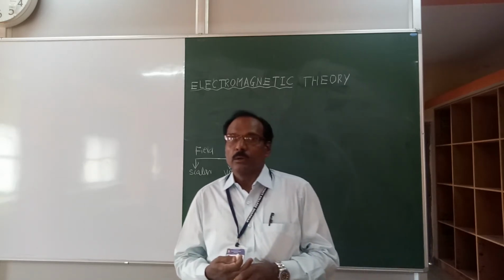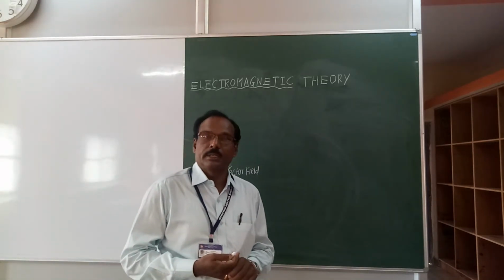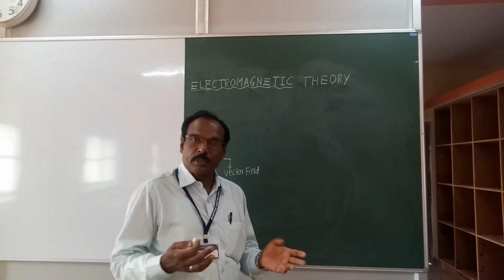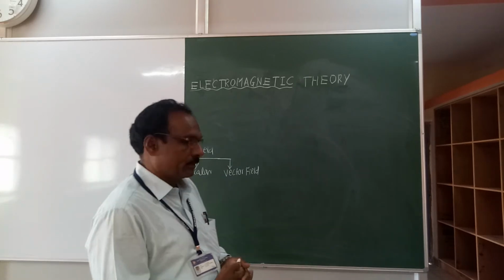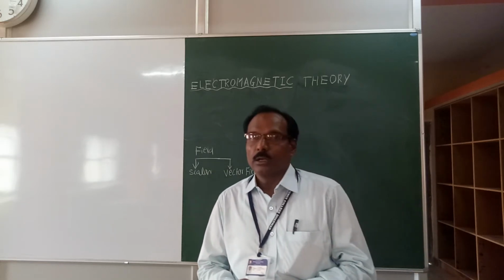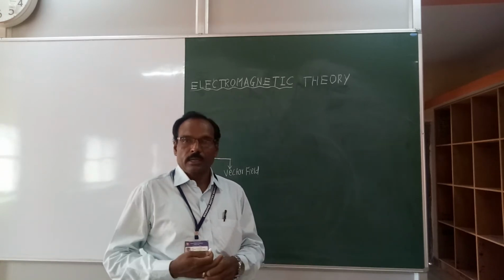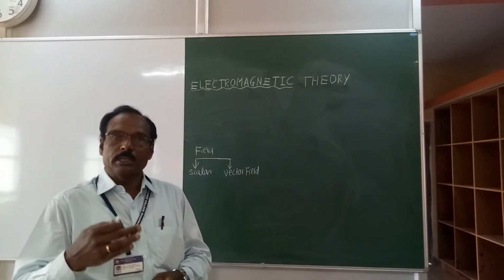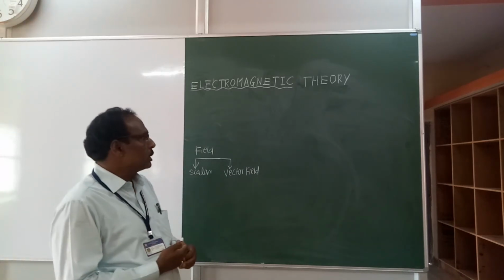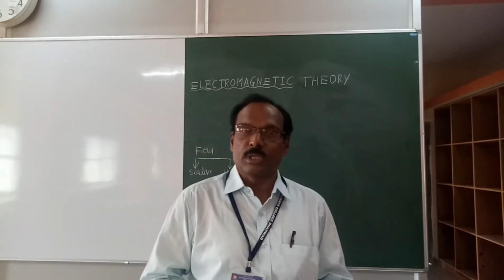To determine the wavelength of a light, we use this Michelson interferometer to find circular fringes, straight fringes, and elliptical fringes, and we make use of it to standardize a standard meter scale, how it is standardized using interference as an application of the Michelson interferometer. And the problems based on this.